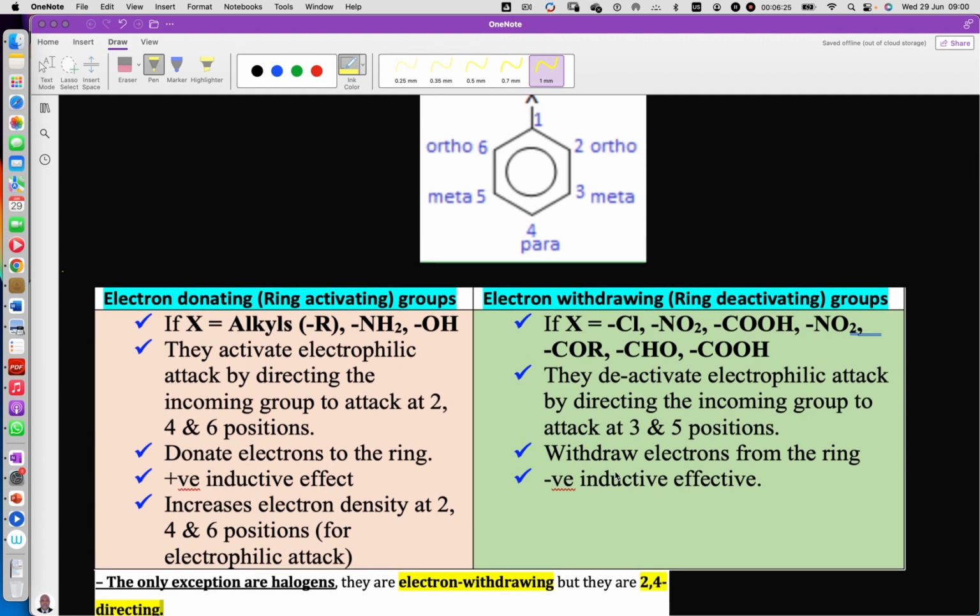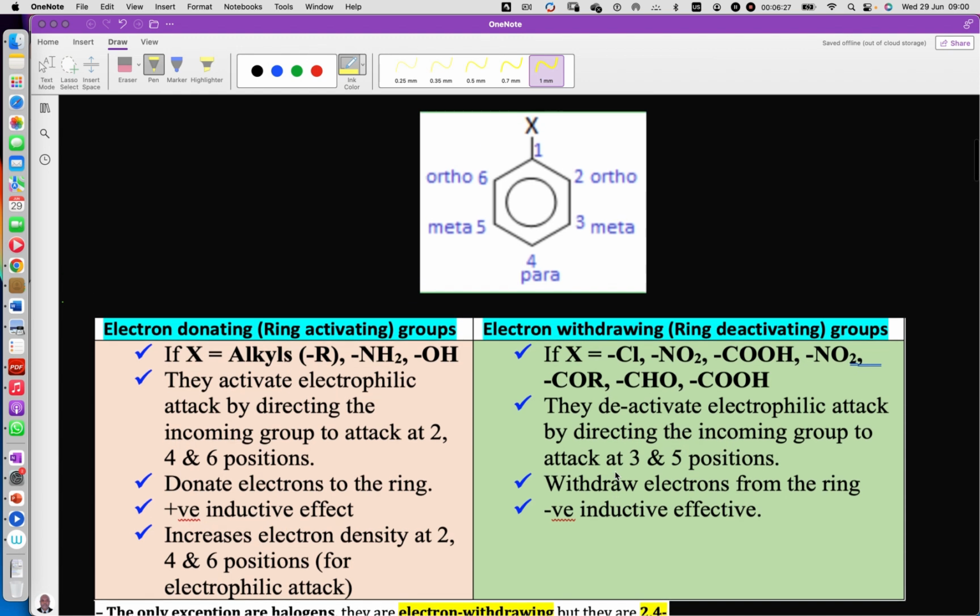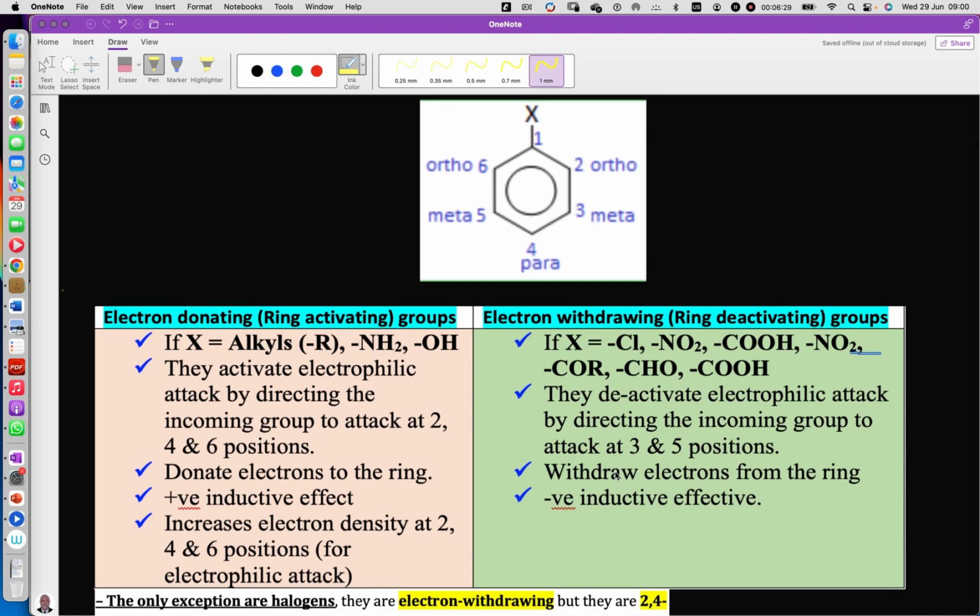On the other hand, there are some groups that are electron withdrawing. When they withdraw electrons from the delocalized system or from the benzene ring, they deactivate the ring. So these electron withdrawing groups are ring deactivating groups.